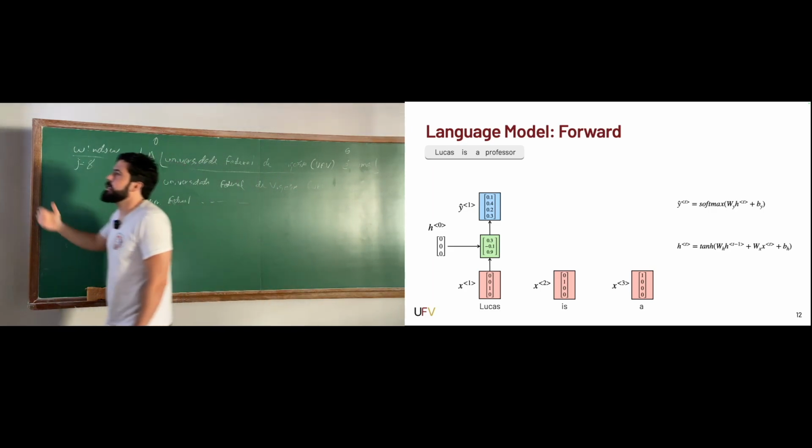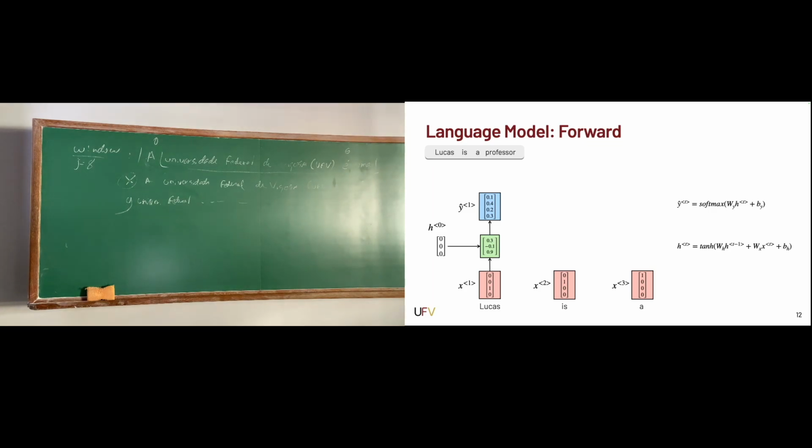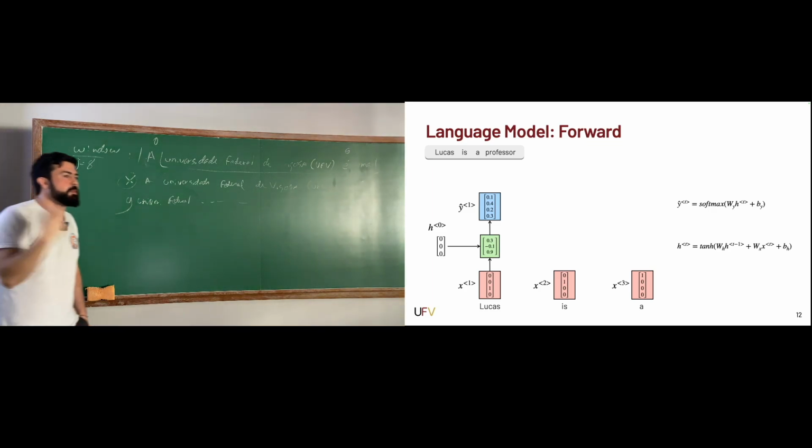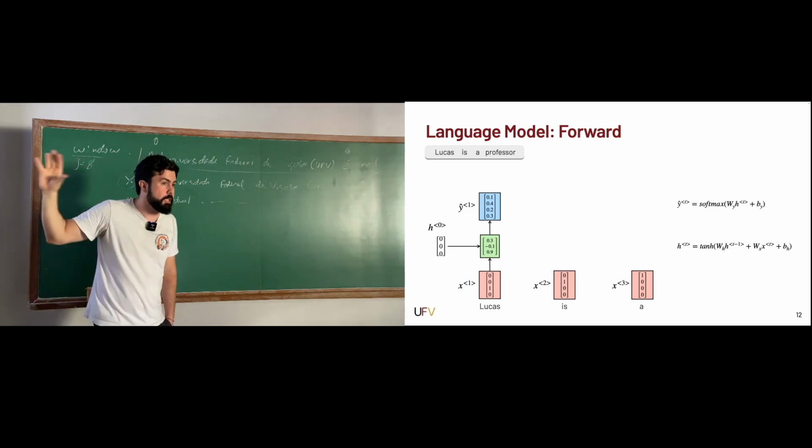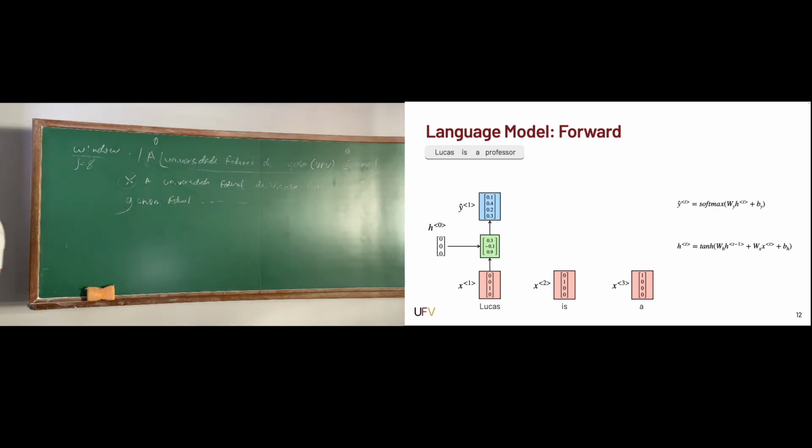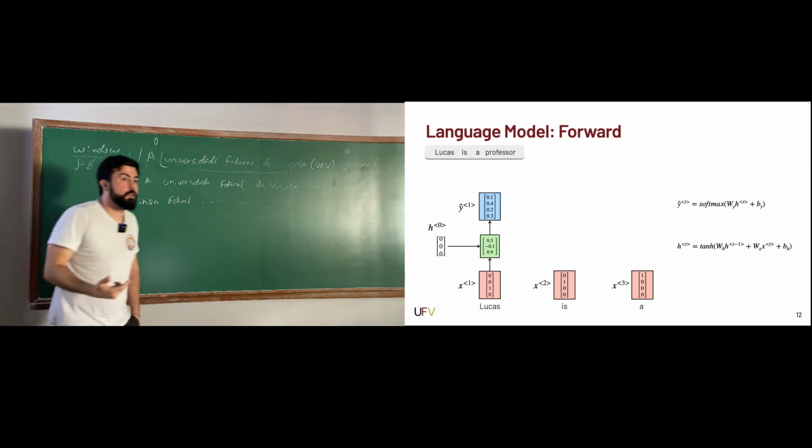So what you see here is 0.1 is the probability of the word A. The probability of the word is is 0.4. The probability of the word Lucas is 0.2. And the probability of the word professor is 0.3.